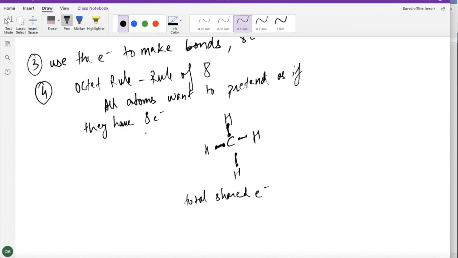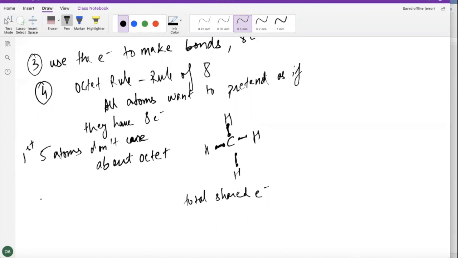Okay. Now, when you're talking about the octet rule, you want to add to your notes that all the atoms do want octet, but not the first 5 atoms. The first 5 atoms don't care about octet.